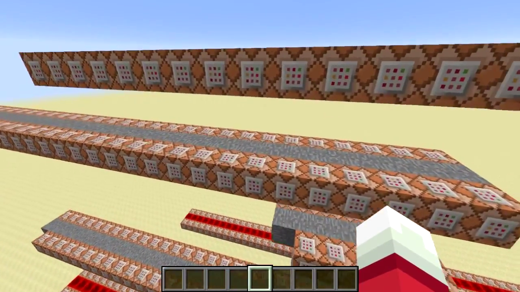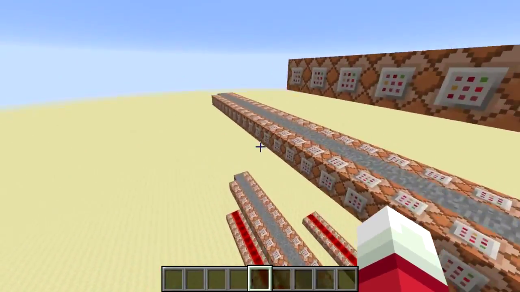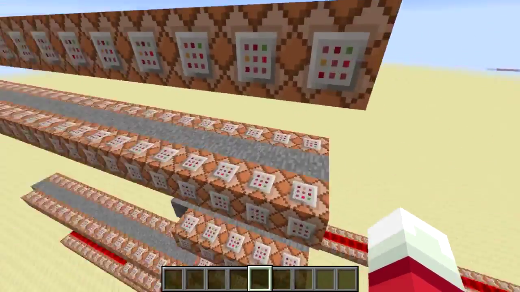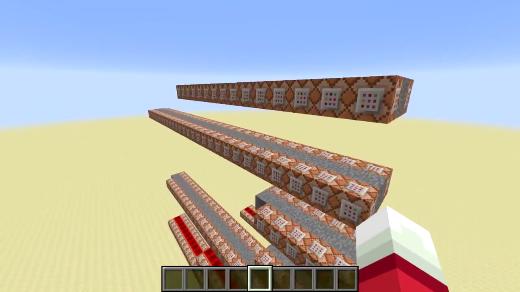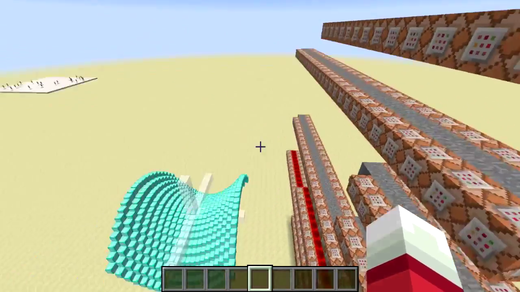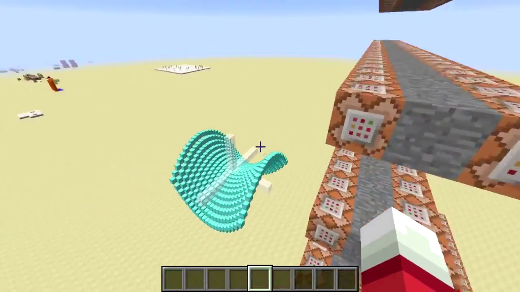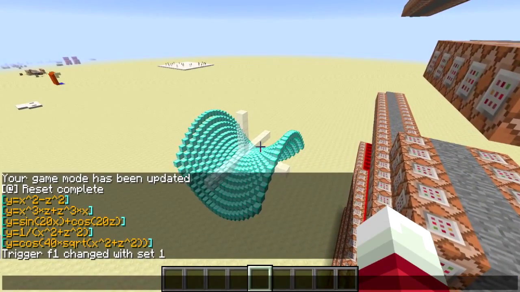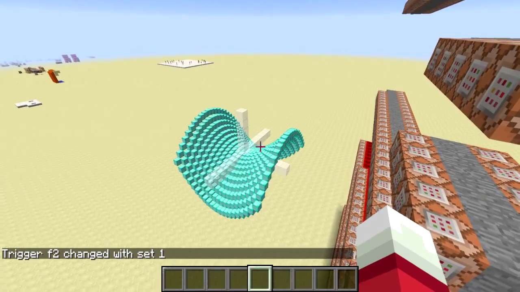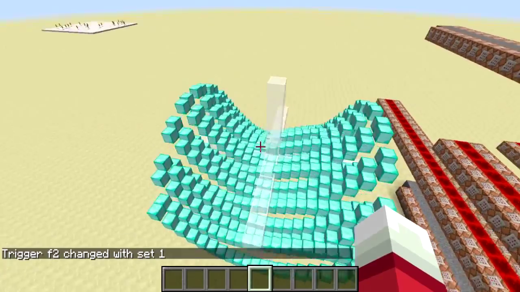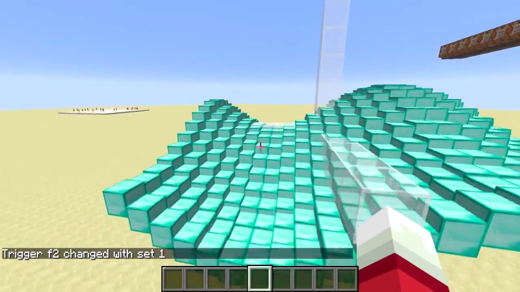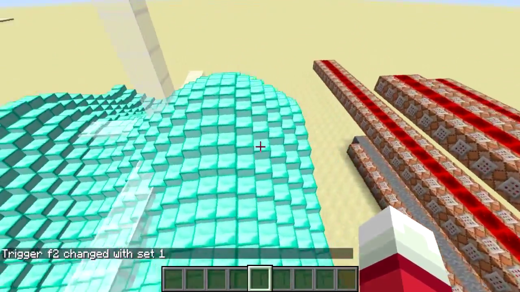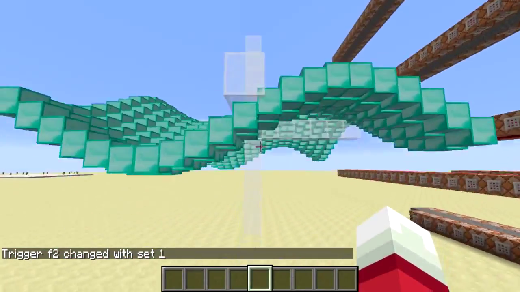There is an approximation for square root and also cosine built into this one. So I looked up some approximations for those things online so that I would have a pretty good approximation. It does work pretty well, actually. The fact that this curve is so smooth and appears to be very regular, I think the approximations are quite good.